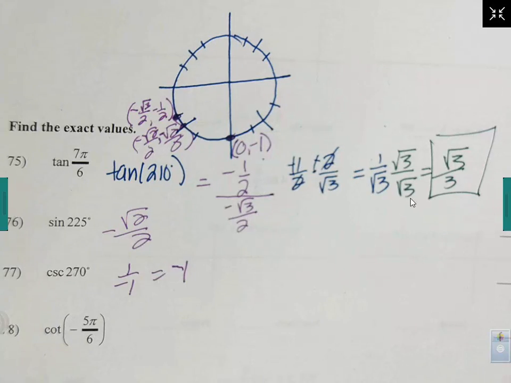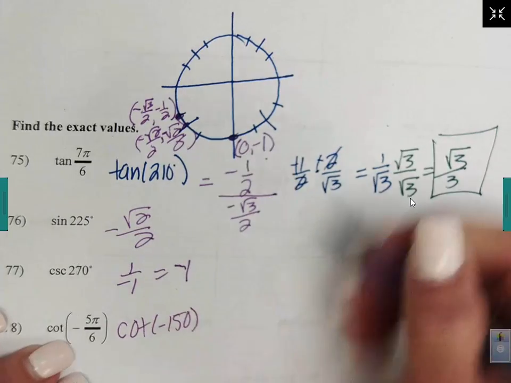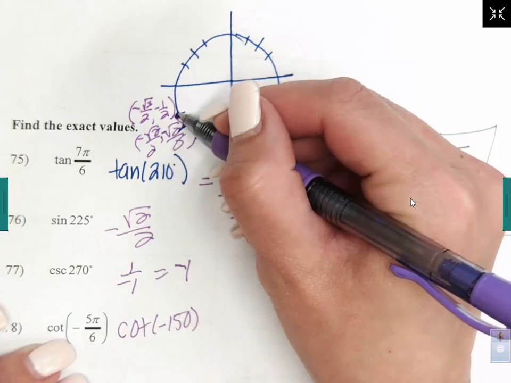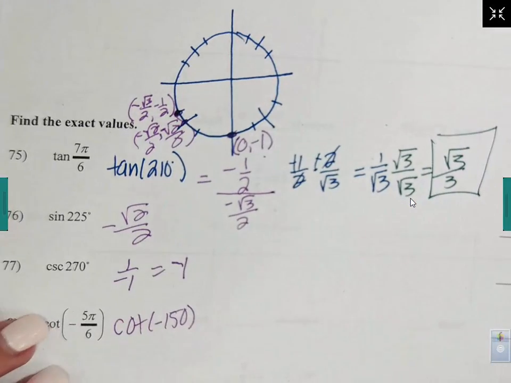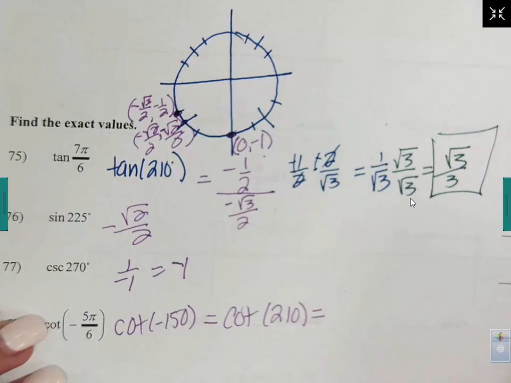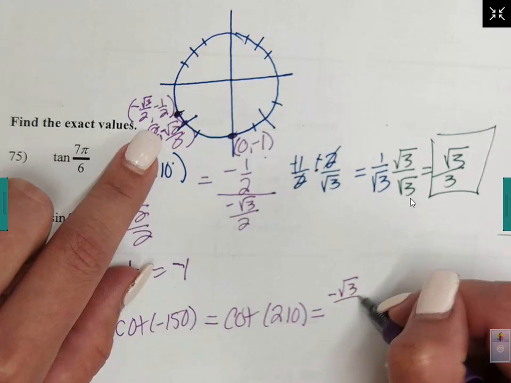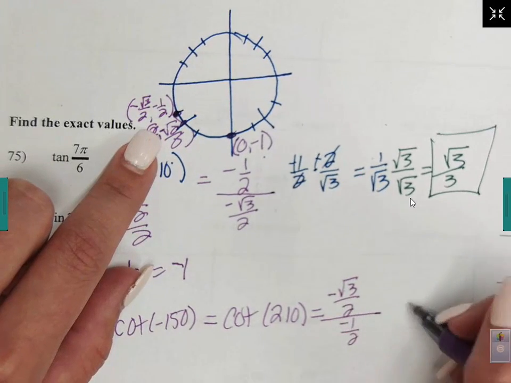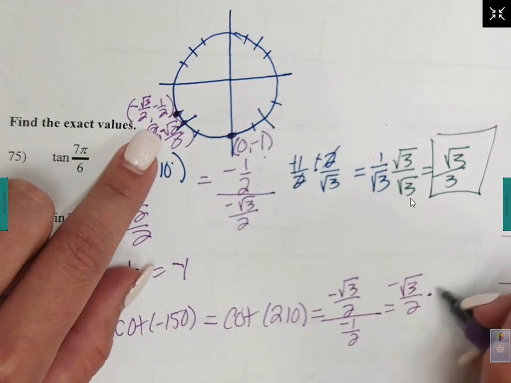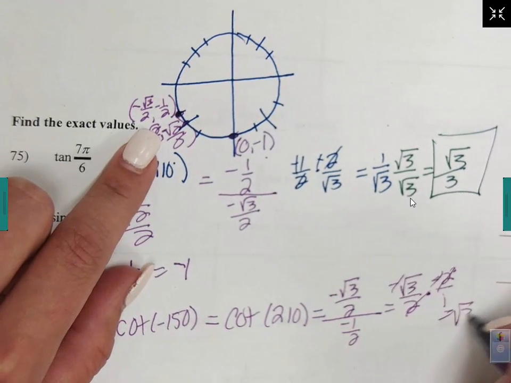You're not wrong, but this is the same as the cotangent of negative 150, which means we rotate this way 90, and then another 60, so that's negative 150, which is a positive 210 as Daniel stated. So this is the cotangent of positive 210, which is the cosine over the sine. At 210, the cosine is negative square root of 3 over 2 over the sine, which is negative 1/2. We multiply by the reciprocal, and we get negative square root of 3 over 2 times negative 2 over 1. The negatives cancel, the 2's cancel, and we just get the square root of 3.